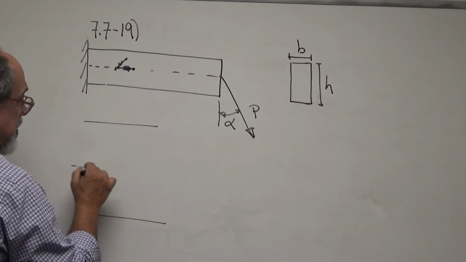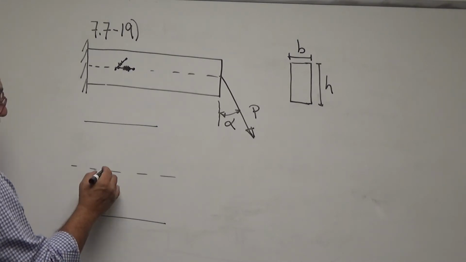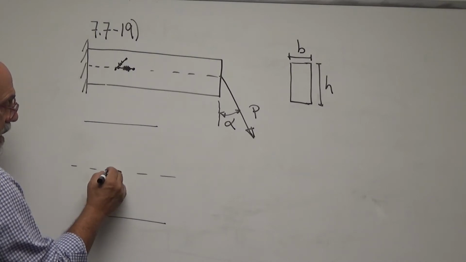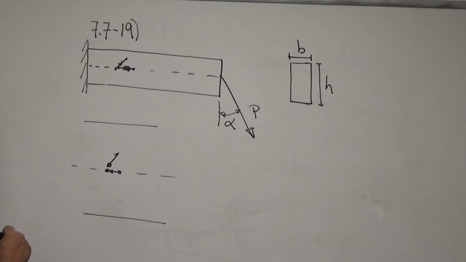Here, larger, here is the neutral axis, here is a point, and basically what we are saying is that we are able to measure the strain horizontal, and that we are able to measure the strain at that point at some angle.